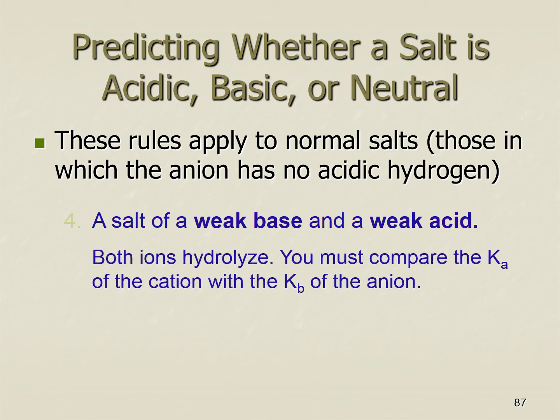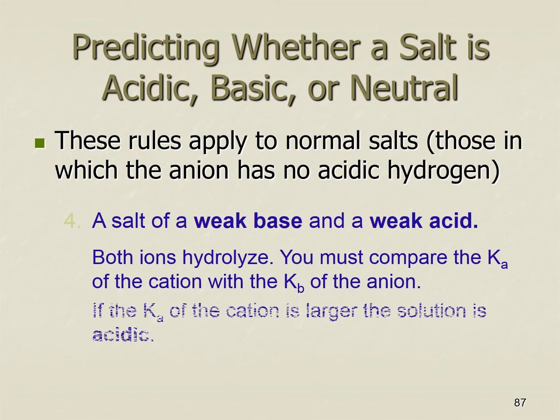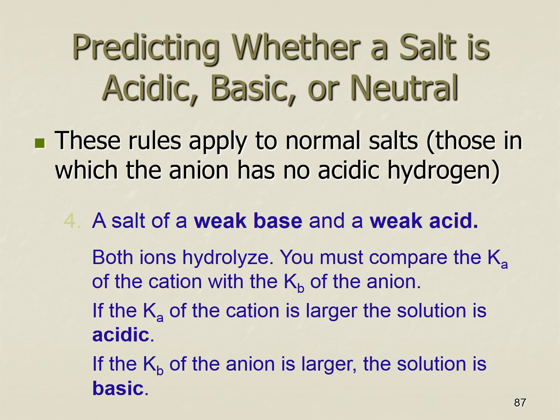So the main thing is that you have to compare the Ka from the cation with the Kb from the anion. If the Ka of the cation is larger, the solution will be acidic, and if the Kb of the anion is larger, the solution is basic.